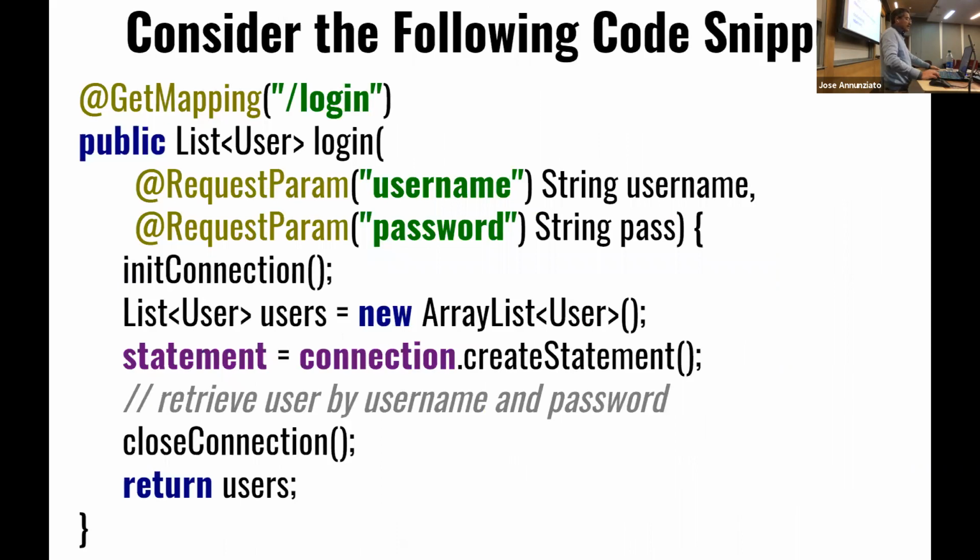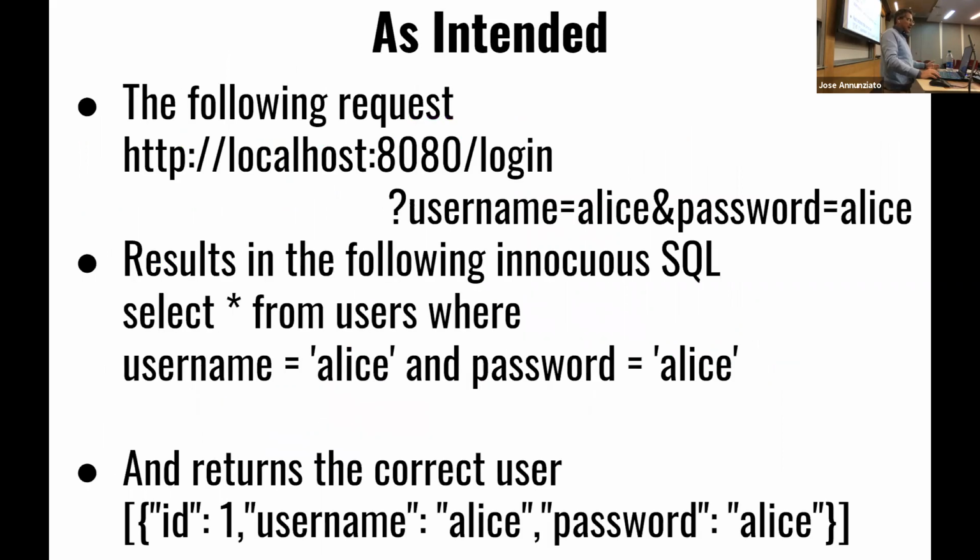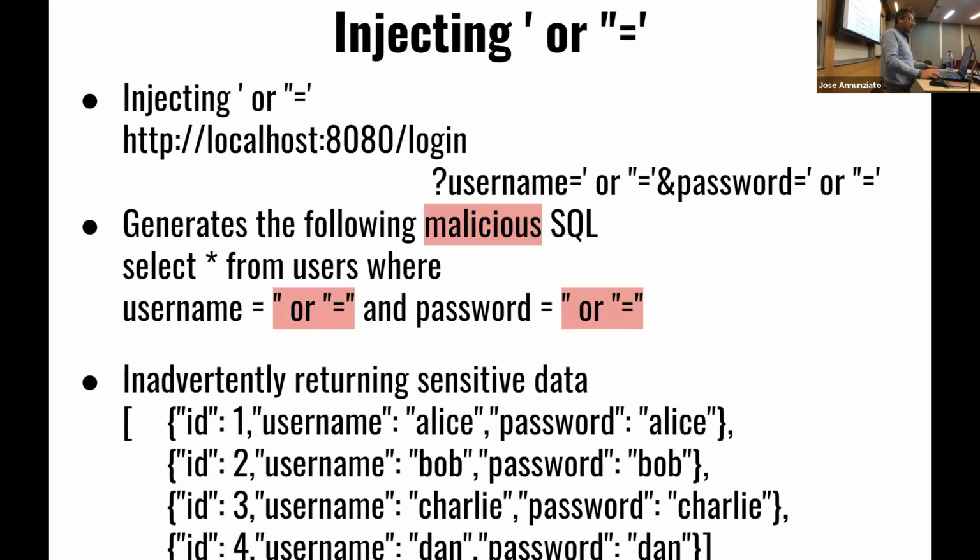Then in our application, we might be reading those parameters from the path and concatenating them in something like select star from users where username equals username and password. Now, again, most of the time this is not an issue. Folks are passing in actual usernames and passwords, and they will be getting one single record back.